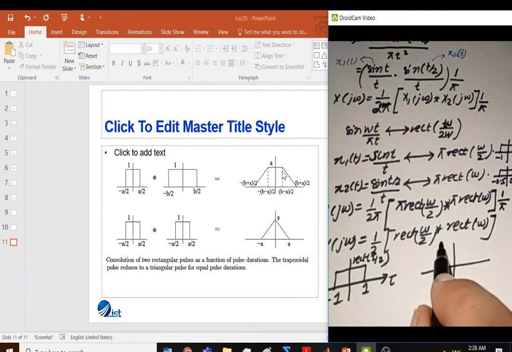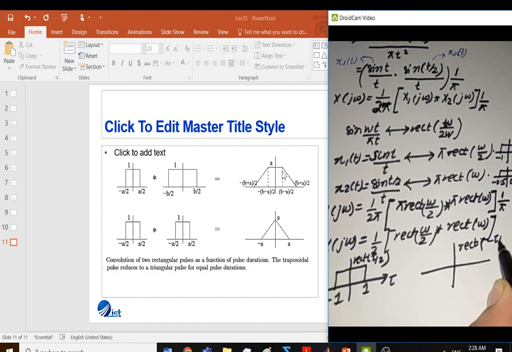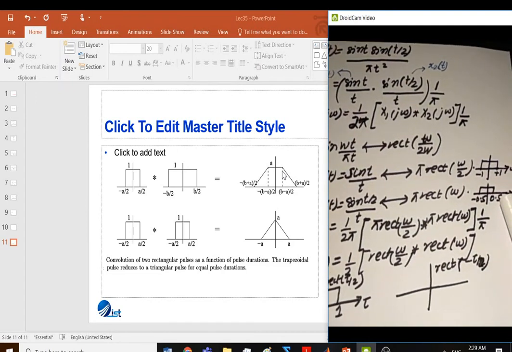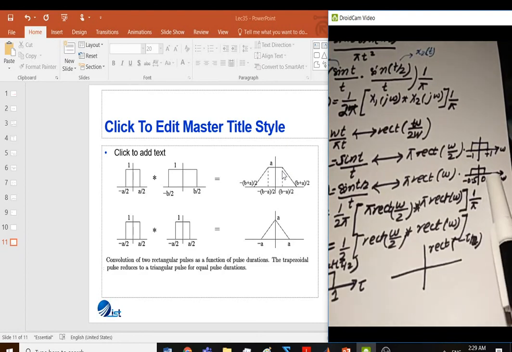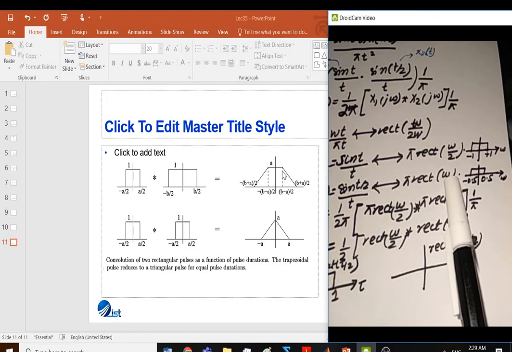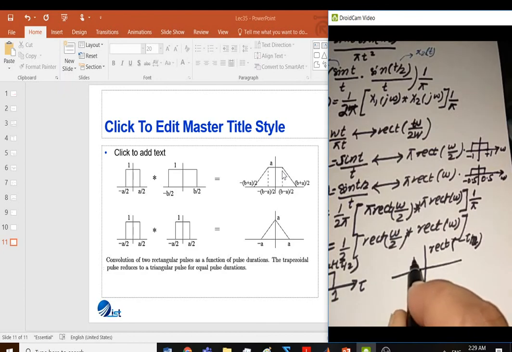So first, when it gets flipped, we have rect of minus tau. This is rect omega, so now this omega becomes a function of minus tau. Since it's a pulse, even if it's flipped, its form remains the same.